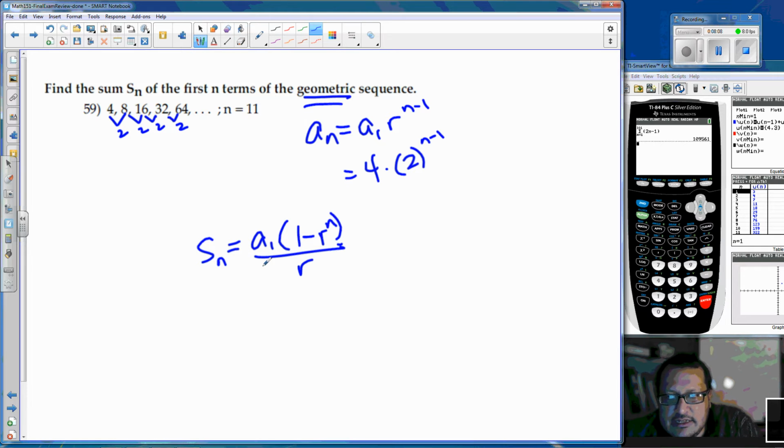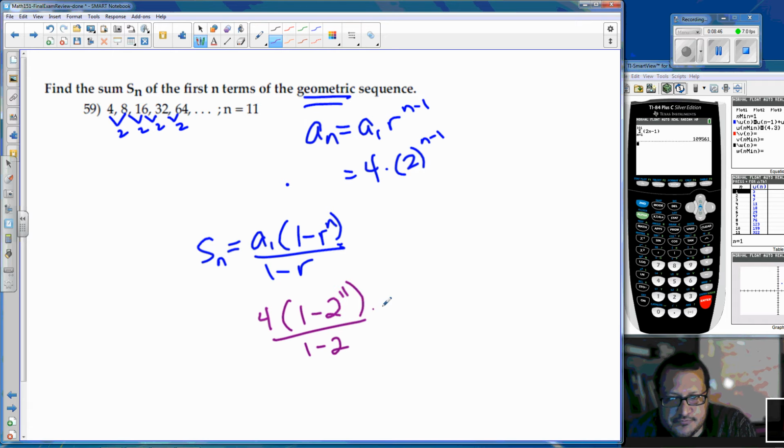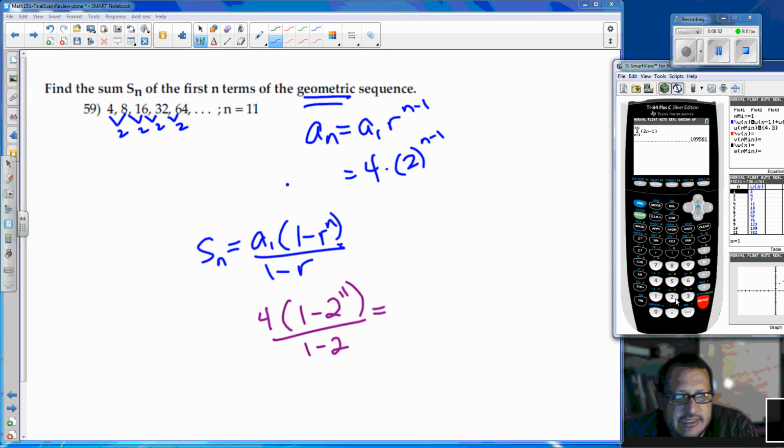So S of 11, the sum of the first 11 terms, would be a sub 1, which is 4, times 1 minus 2 to the nth power, which is 11, divided by 1 minus 2. 2 to the 11th is, I think, 2048 maybe.